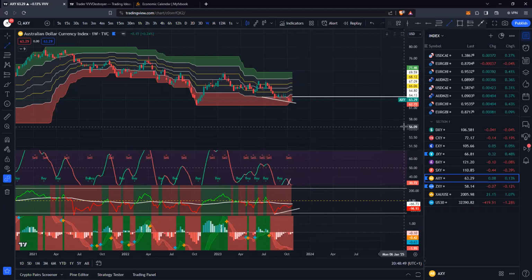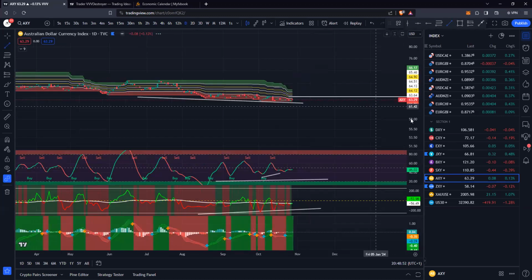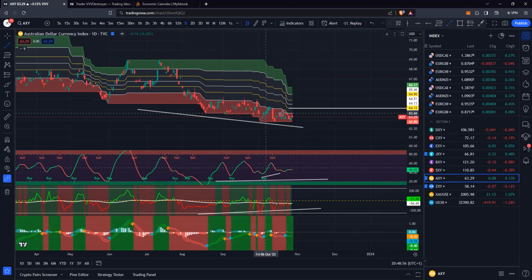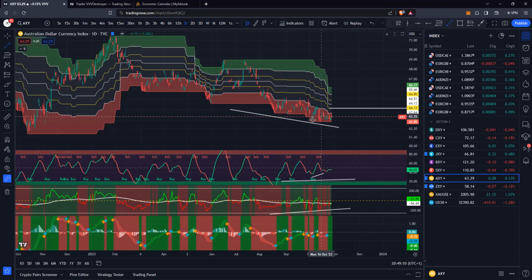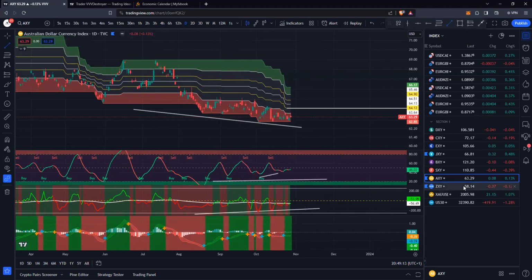Here is also possible divergence forming, which is not formed yet, so it's not a clear thing. When it happening right there, it's just not tradable. Okay, so wait for an impulse or something like that to get a clear direction, and after that you can trade on the AXY. But I think right now in this condition, it's just not the way to trade on it.